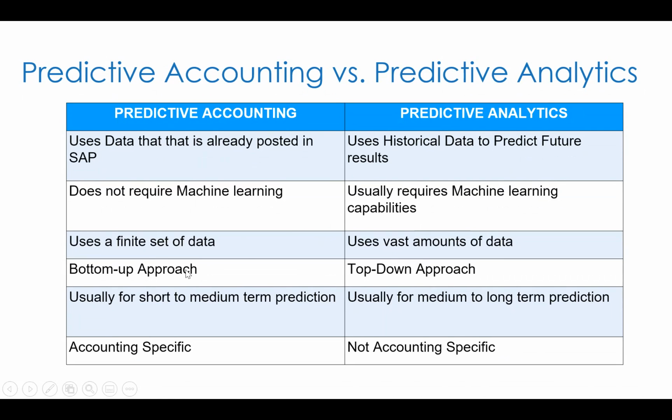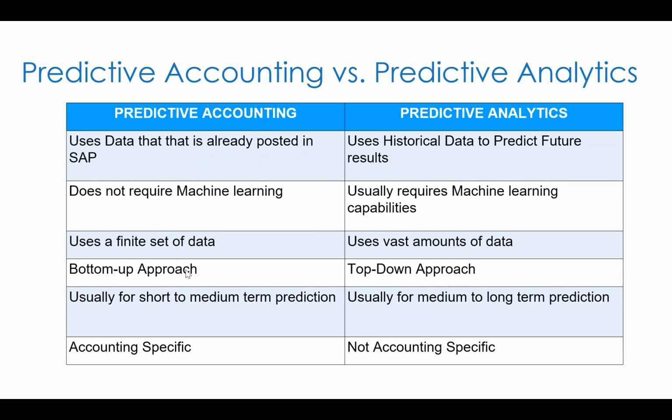Predictive accounting is a bottom-up approach. From what I've been saying, you can tell that bottom-up means you use a finite set of granular data to determine something that's less granular. Like you use sales order data to predict what your billing document is going to be like.